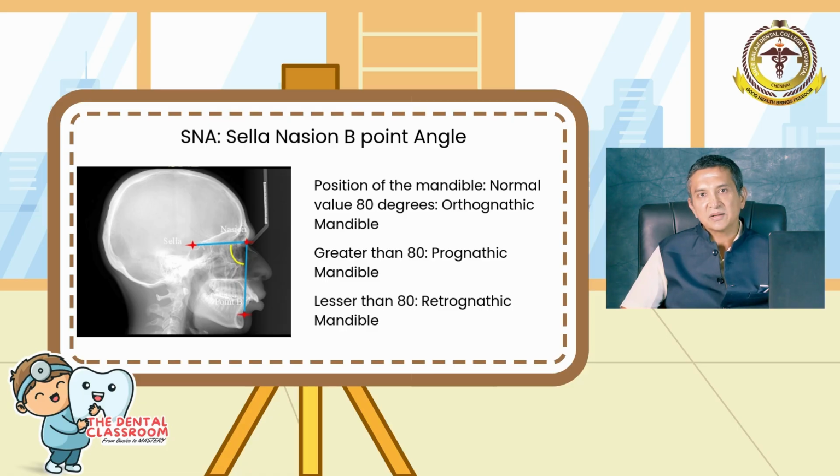As I indicated in my previous class, anything greater than 80 degrees for SNB indicates that the mandible is prognathic, and anything greater than 82 for SNA indicates that the maxilla is prognathic. The vice versa is also true: anything less than 82 for SNA or less than 80 for SNB is defined as a retrognathic maxilla or a retrognathic mandible.